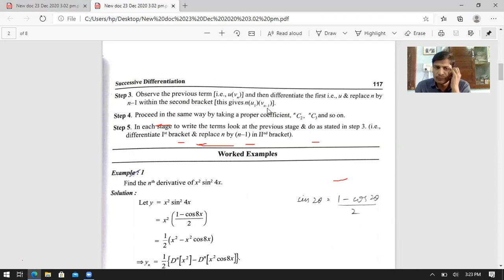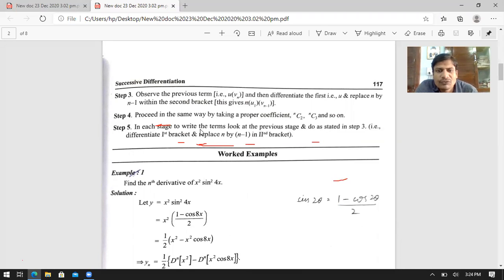Next, step 4: proceed the same way, taking the proper coefficient, that is nC2, nC3, the next terms. nC1 is the first term, then nC2, then nC3, that is the second and third step, and so on. After that, step 5. What is step 5?